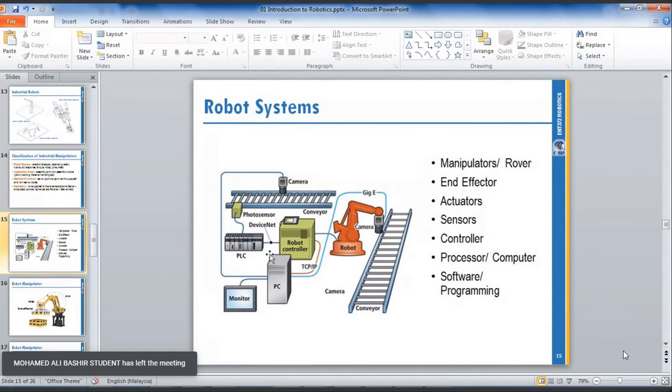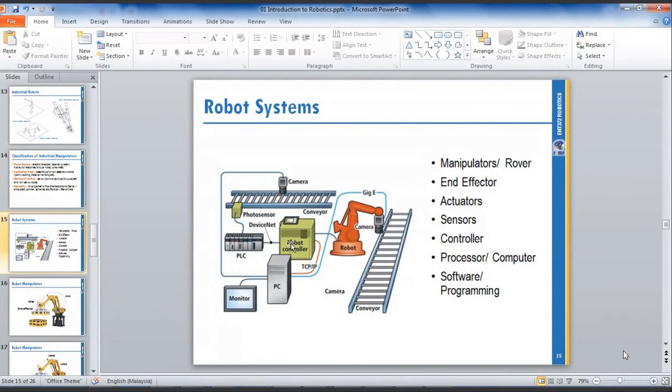But currently, most image processing is conducted inside a PC. The robot controller is just for controlling the robot motion. That's all. The instructions to move the robot come from the PC and from the PLC.